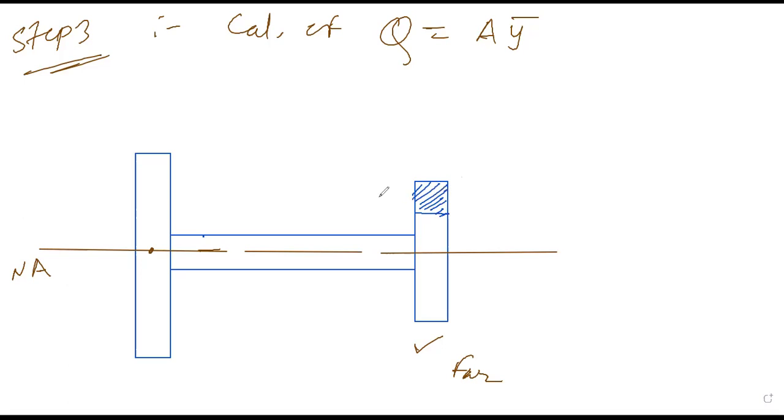Suppose up to the center this distance is y bar, thickness is t, and this distance is s2 divided by 2. And suppose this distance we have taken as y.